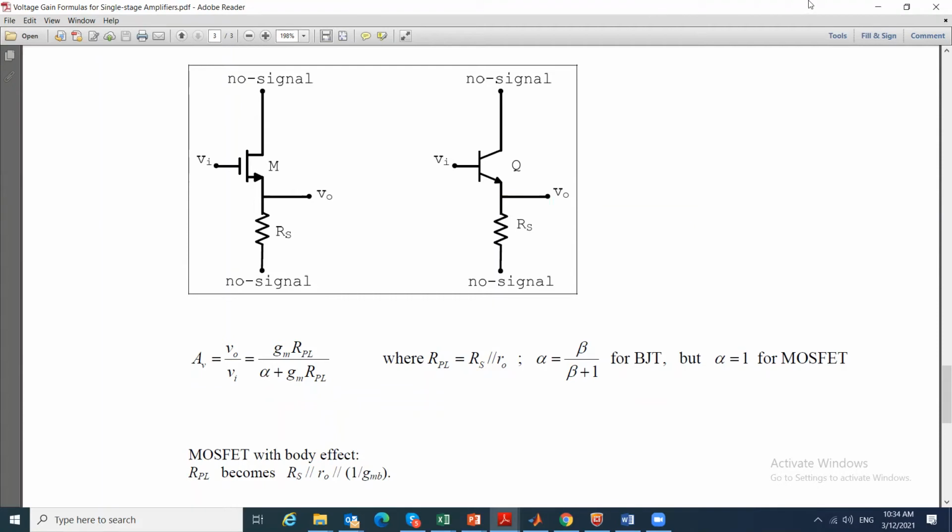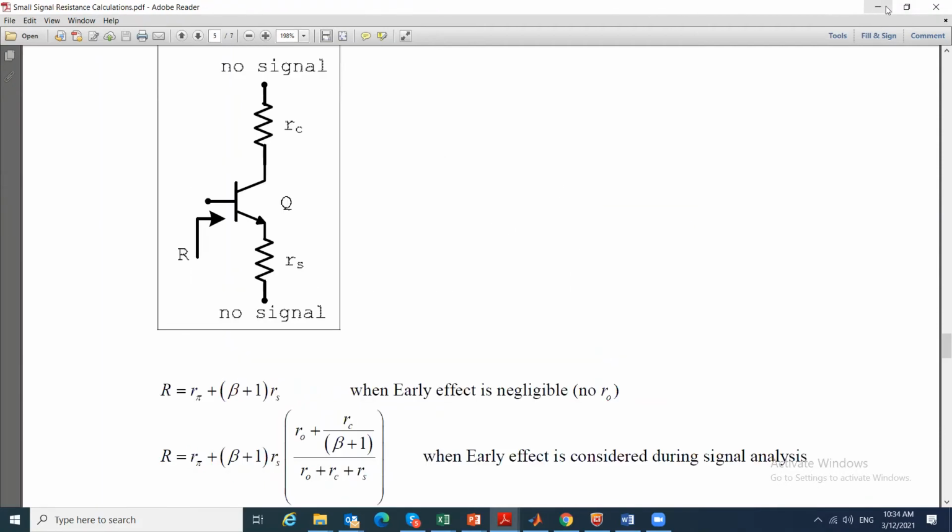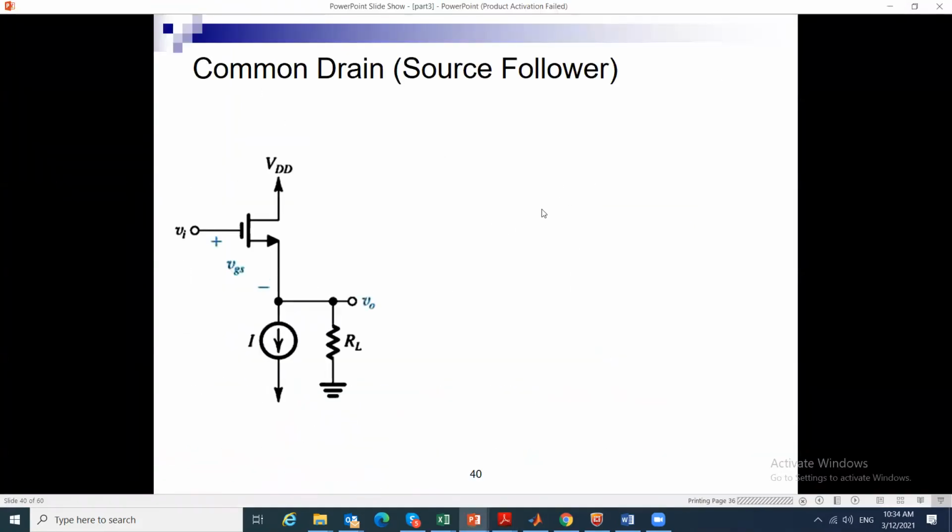So I'm going now to go back to the slides and explain it again through the slides, but a little bit quicker than if we had not seen the voltage gain and resistor sheets.